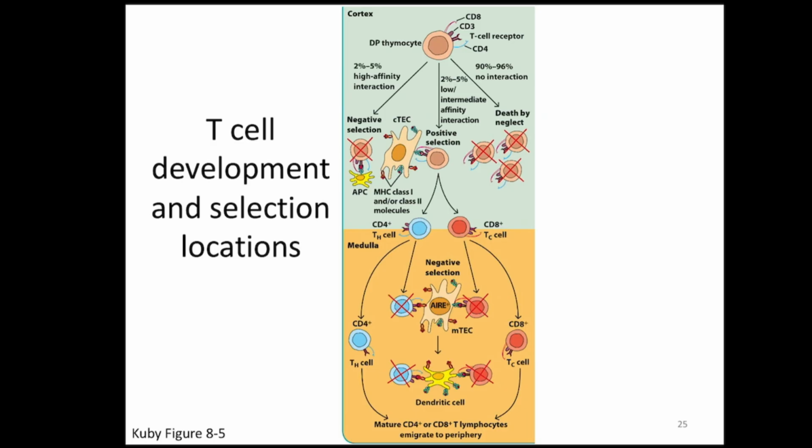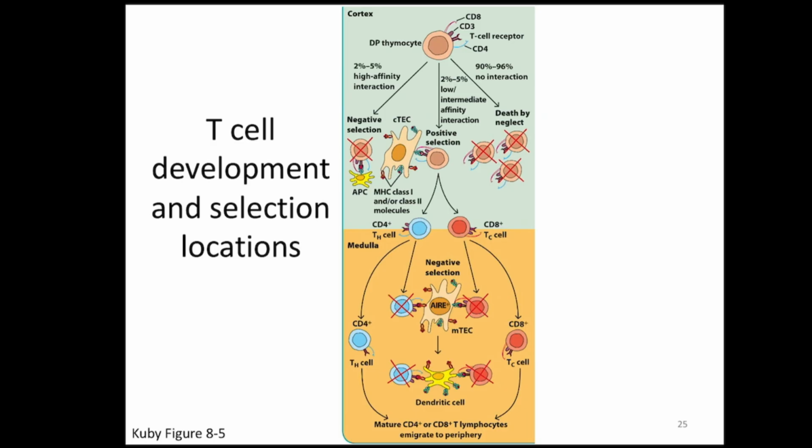A lot of this cell death is happening in the medulla, particularly the negative selection. If you get a really large signal in the medulla, that's negative selection signal. And that's why the medulla has way fewer cells in it, because the cells are undergoing cell death a lot in the medulla because they are either being neglected or undergoing negative selection.